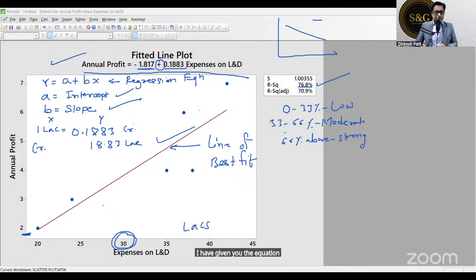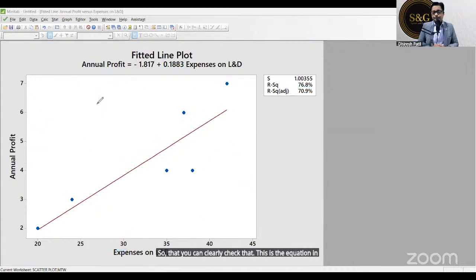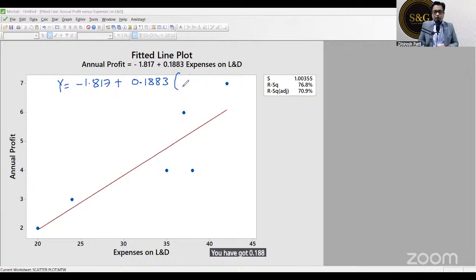Let me remove everything so that you can clearly check that. This is the equation in front of you. My L&D expense is 30 lakhs. What will be my annual profit? Calculate it quickly. So y is equal to minus 1.817 plus 0.1883 into 30.